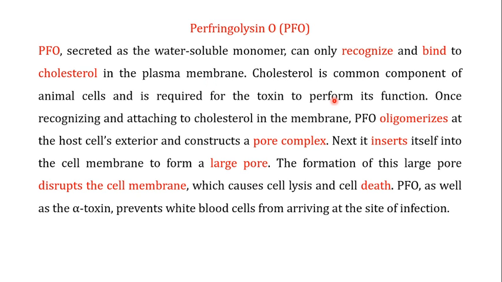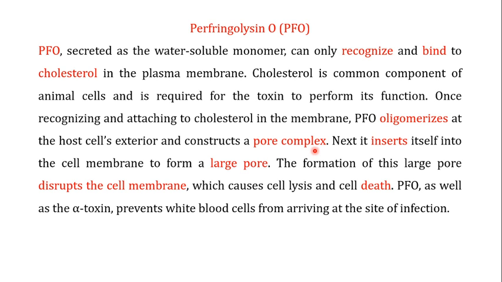So the first thing PFO does is recognize and attach itself to the cholesterol in the membrane. When it has attached itself to the cholesterol, it is going to make oligomers. The PFO oligomerizes at the host cell exterior and makes a small pore complex.